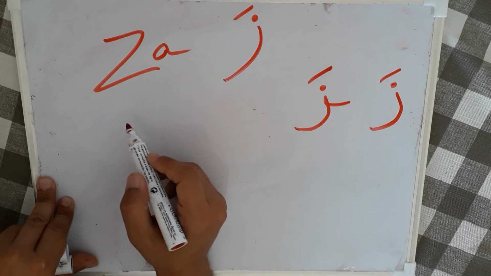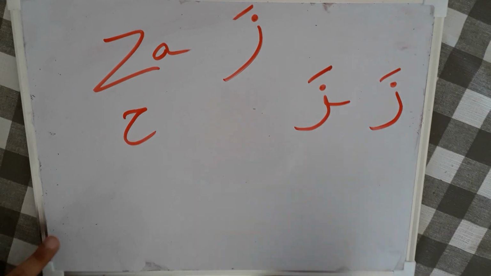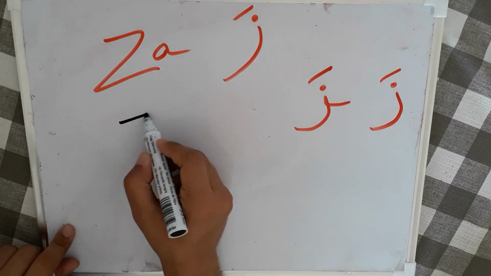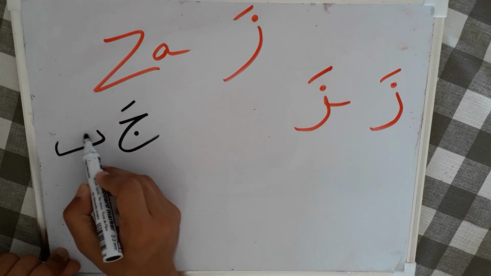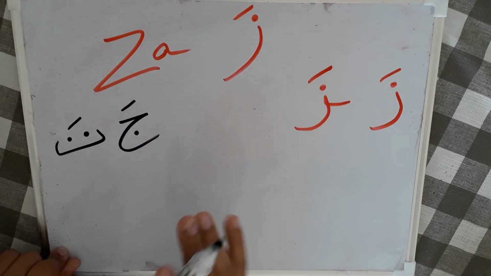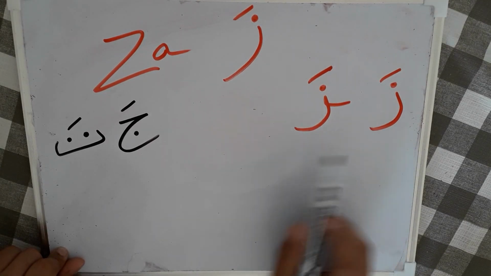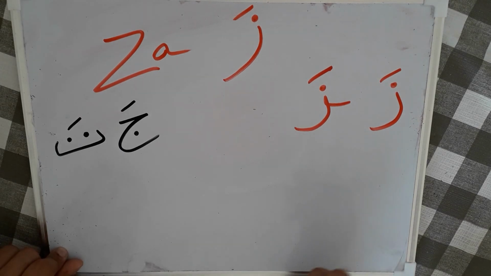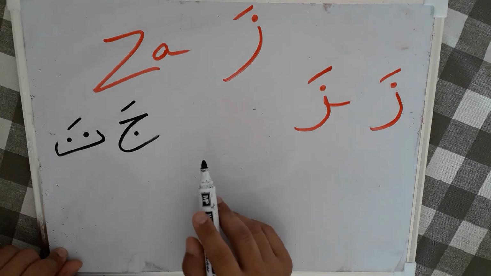We have already studied J and T in the previous videos. I will now make some words that don't have any meaning, using the three letters J, T, and Z, in order to show you Z in the beginning, in the middle, or in the end of the word.